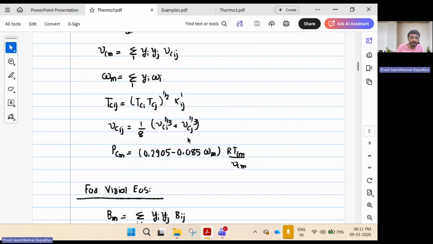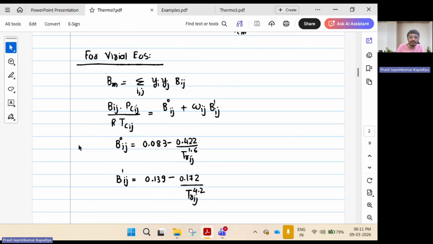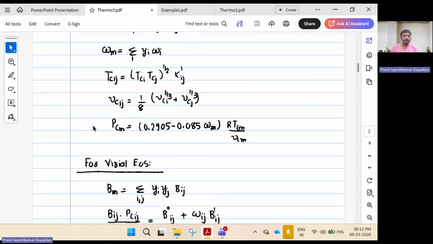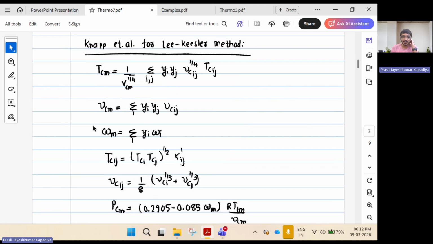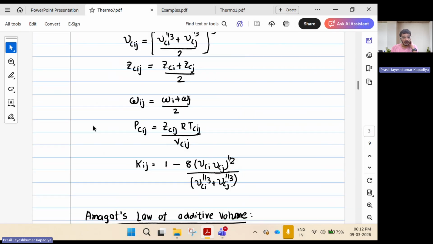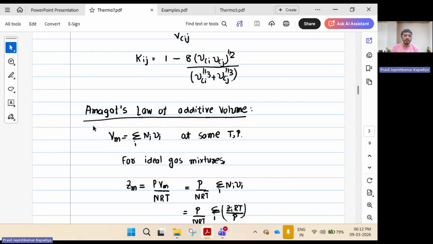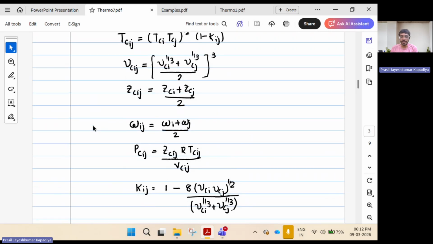So this is how we can find the mixture properties or mixture constants for the virial equation of state. Similarly, earlier we had a look at various kinds of equations of state also. So this was all about dealing with mixing. It is very important to find the correct mixing rule or combining rule to correctly represent the system.